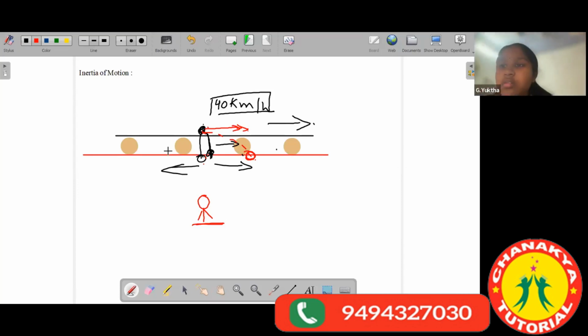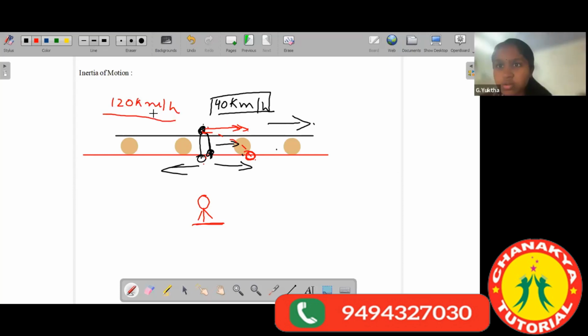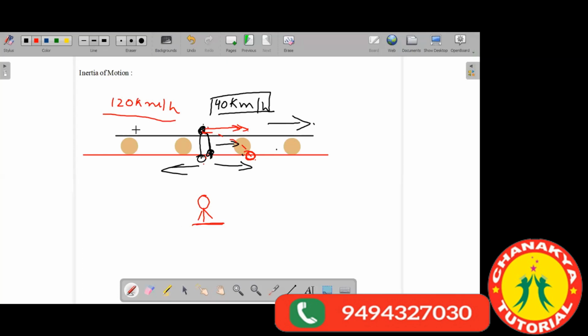So your train is moving with a speed of 120 kilometer per hour. Can a housefly move with a speed of 120 kilometer per hour? No, sir. Then how is it possible that a fly jumps out of one seat and moves to the next seat?